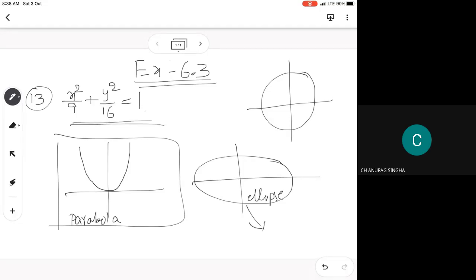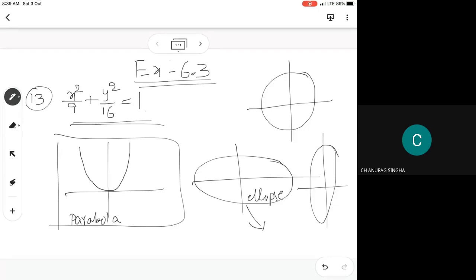For this ellipse, whenever it is drawn, actually it will not be in this shape. You are going to have it like this, because here a is equal to 3 and b is equal to 4.